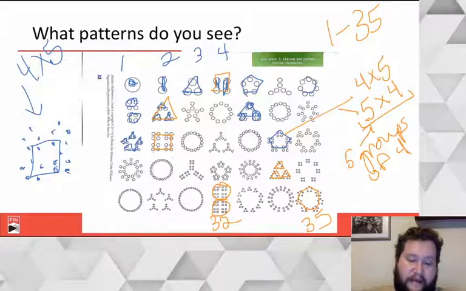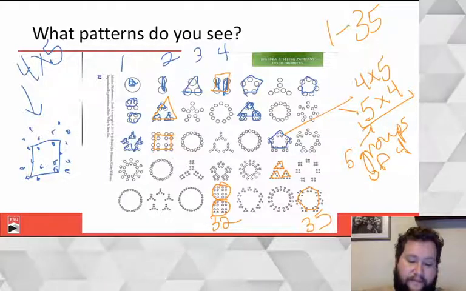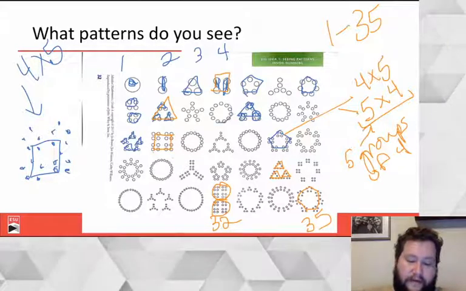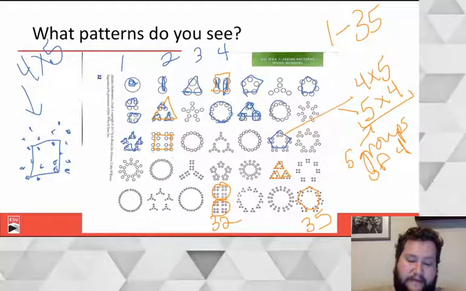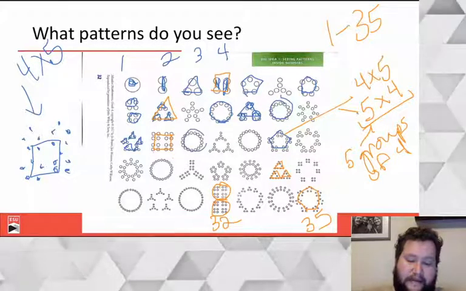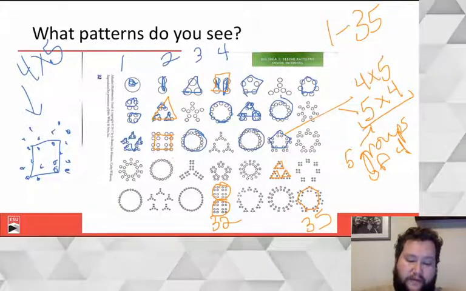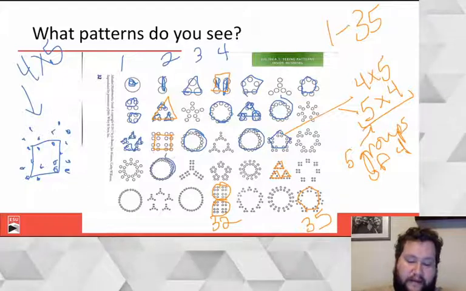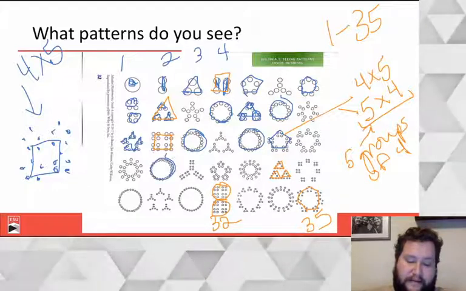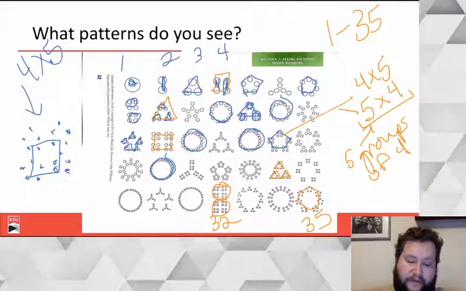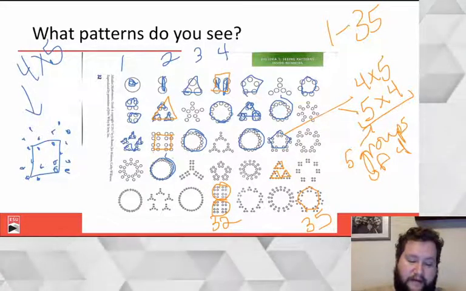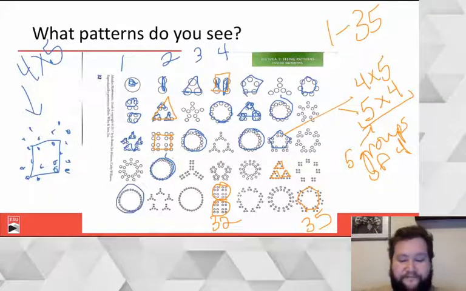And then 11. And 13. And 17. And 19. And 23. And 29, 31.